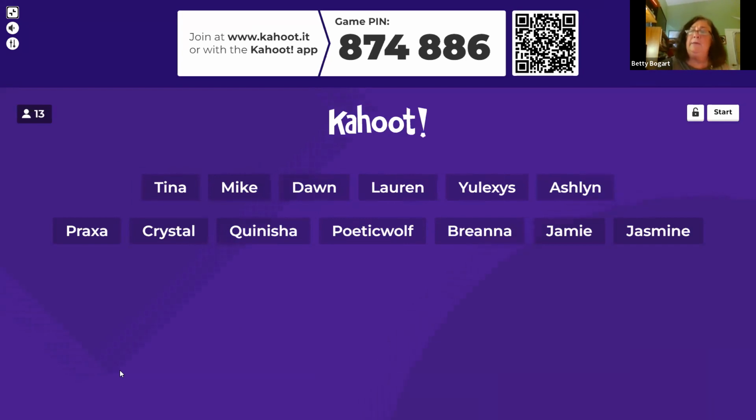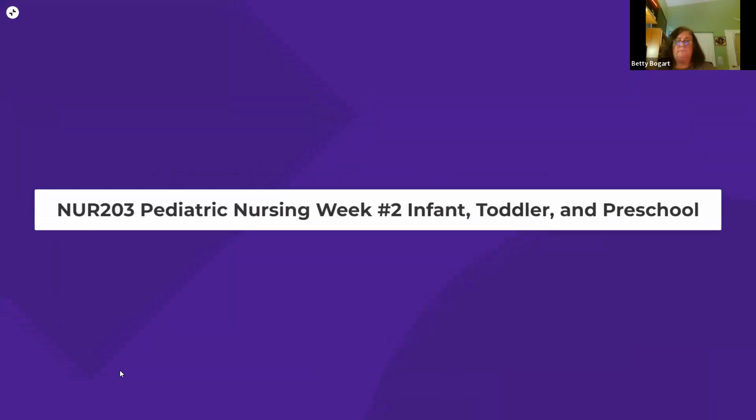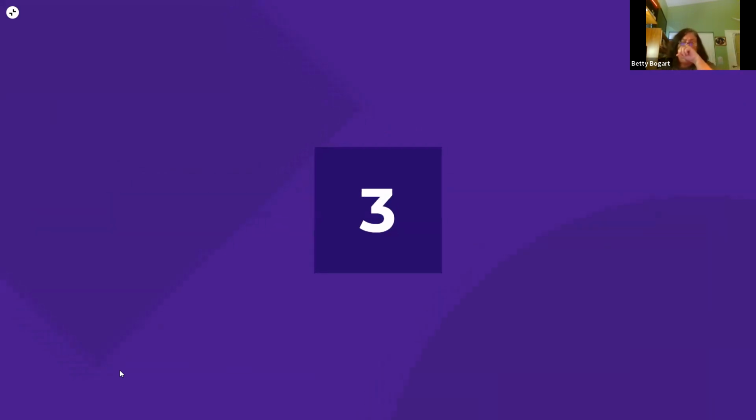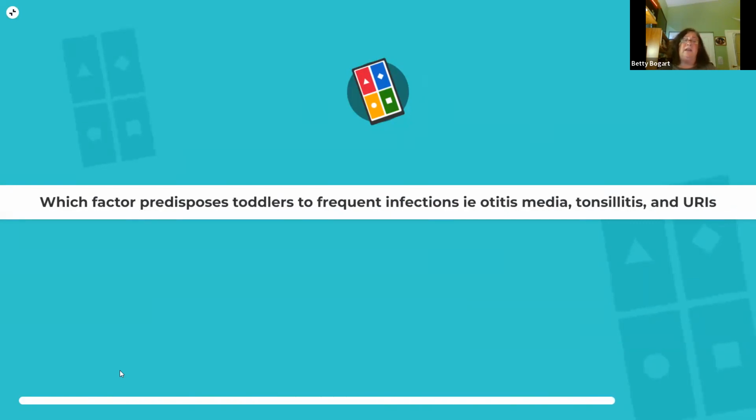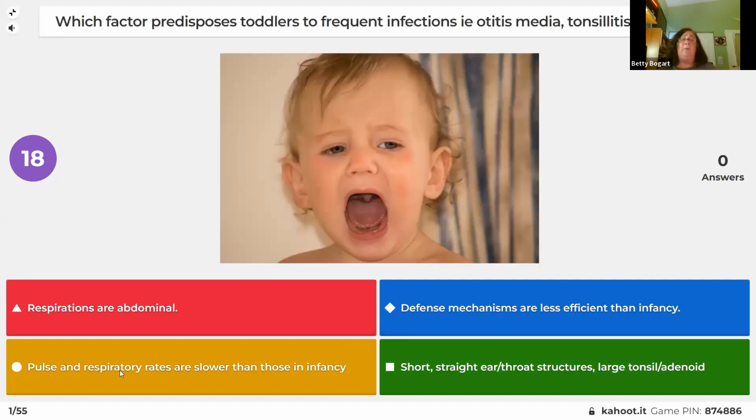All right, let's get going. Infant, toddler, preschooler. Which factor predisposes toddlers to frequent infections like ear infections, tonsils, and upper respiratory infections? Remember, these are the children that swap spit.